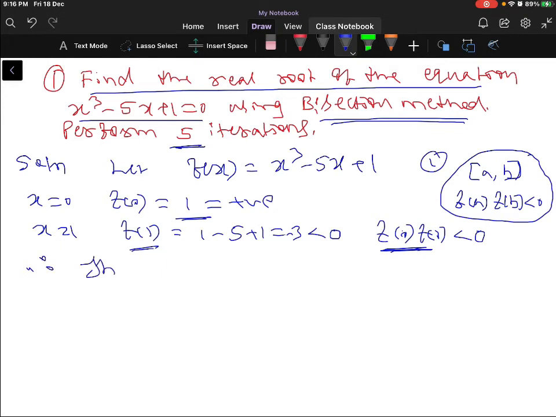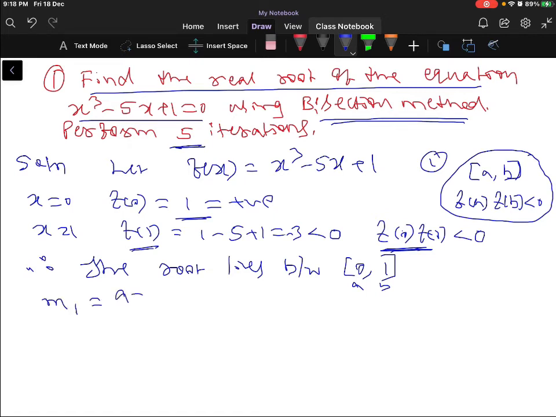So therefore the root lies in the interval (0, 1). Take a = 0 and b = 1. So by using the bisection method, let us bisect the interval 0 and 1.